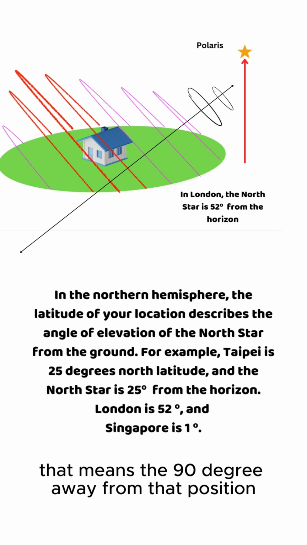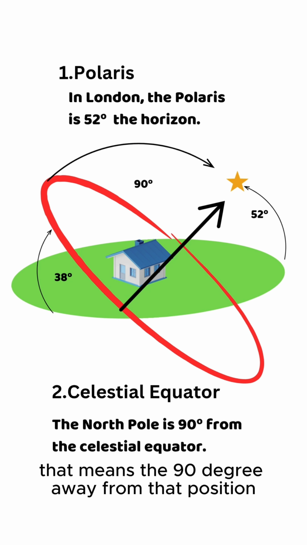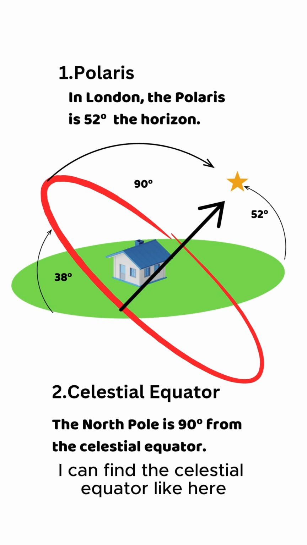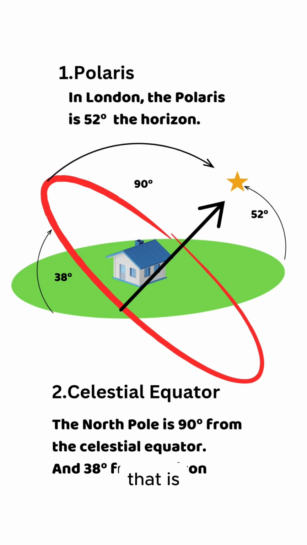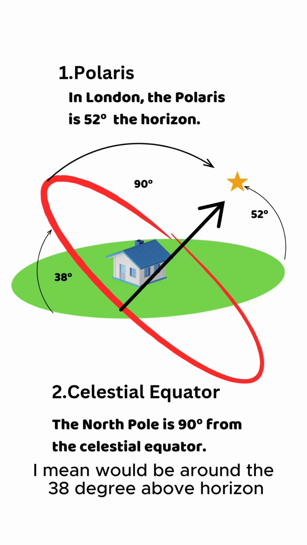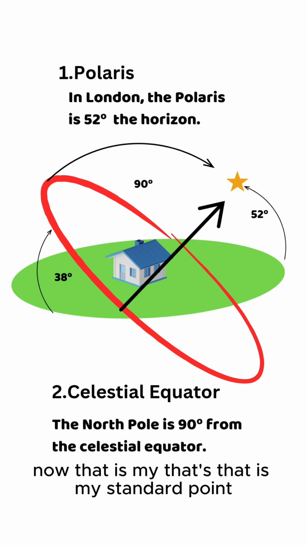That means 90 degrees away from that position, I can find the celestial equator, which would be around 38 degrees above the horizon.